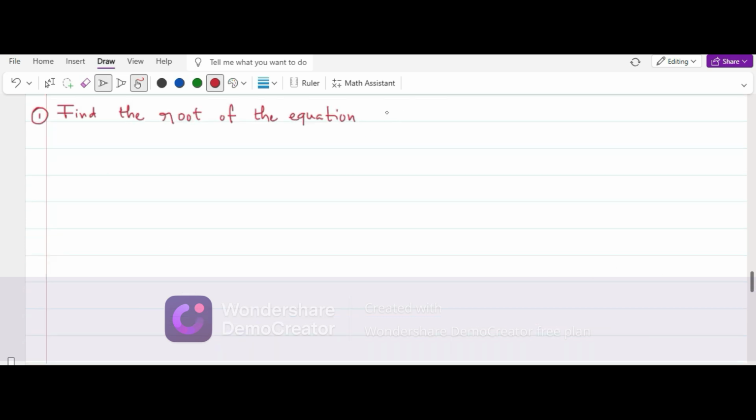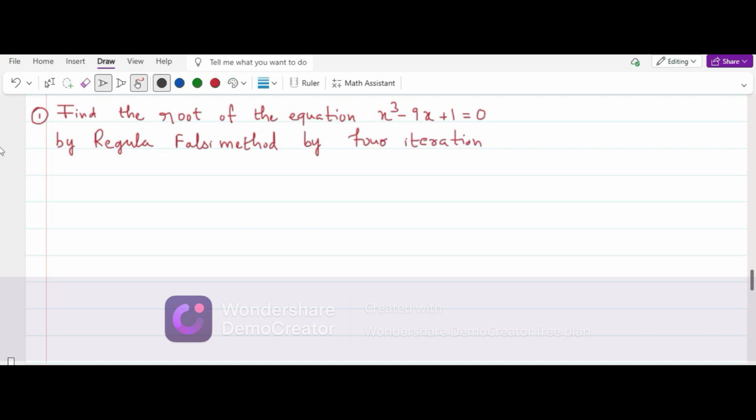The equation x cube minus 9x plus 1 equal to 0 by regular falsi method, by 4 iterations. ಫಸ್ಟ್ ಕೆಲಸ ಮಾಡಬೇಕಾಗಿರೋದೇನು ಅಂದರೆ ಕೊಟ್ಟಿರೋ ಈಕ್ವೇಷನ್ ಅನ್ನು ಬರ್ಕೊಬೇಕು. ಸೊ x cube minus 9x plus 1 equal to 0. ರೈಟ್ ಹ್ಯಾಂಡ್ ಸೈಡ್ 0 ಇದೆಯಾ? 0 ಇದ್ರೆ the entire thing on the left hand side is f of x.